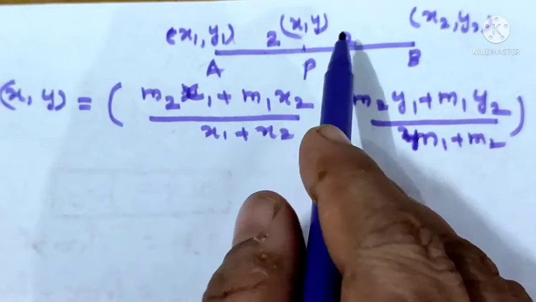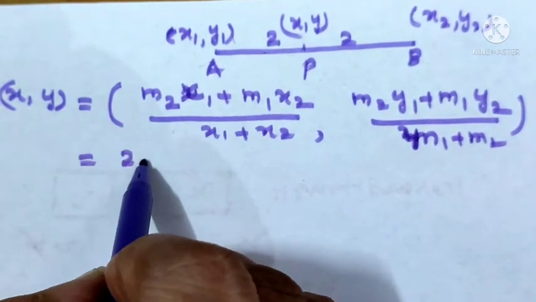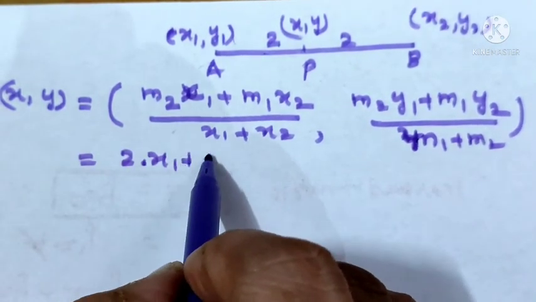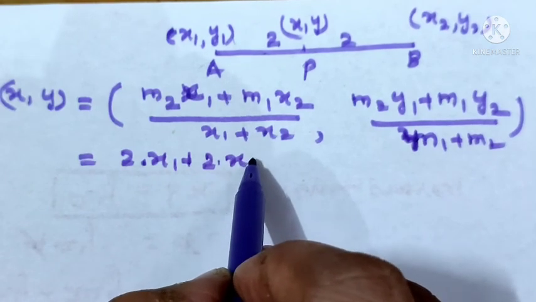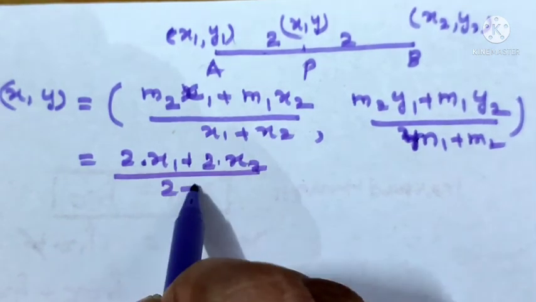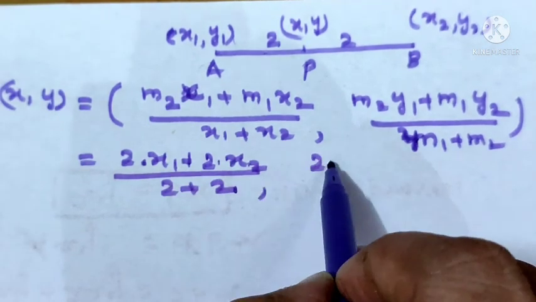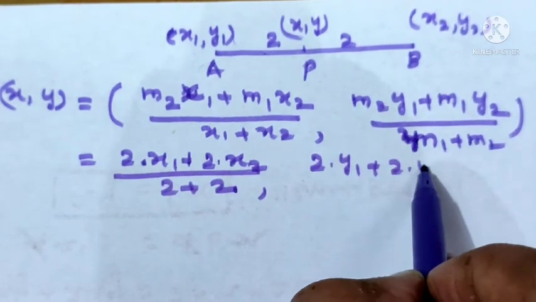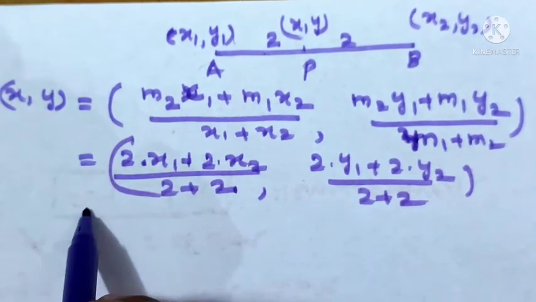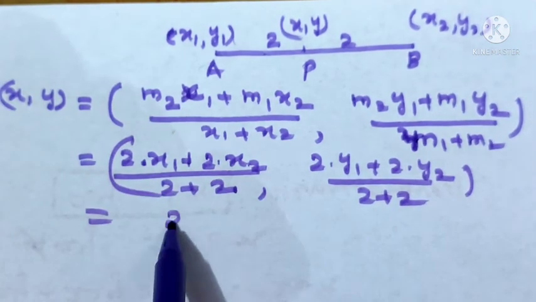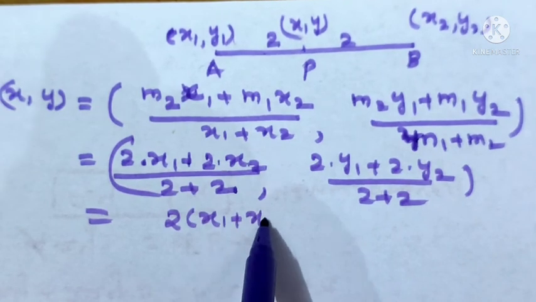Now the ratio is 2:2. So (2 into x1 + 2 into x2)/(2 + 2), (2 into y1 + 2 into y2)/(2 + 2). So 2 is common. 2(x1 + x2)/4.